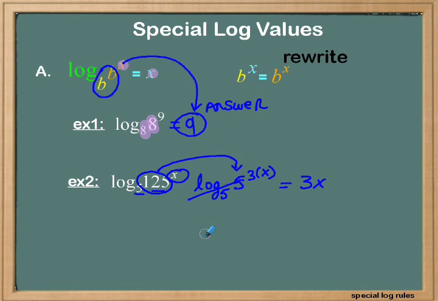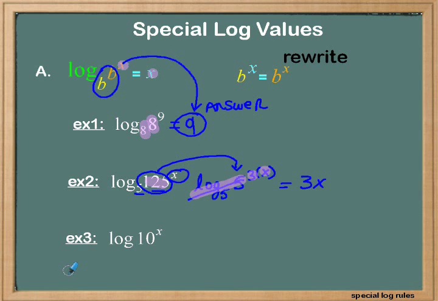So just to recap what happened there, I took this 125, I rewrote it as 5 to the third. The 125 was already to the x power, so when I incorporate this 3 with the x that was already there, I get 3x. The 5 of the base and the 5 of the log cancel, and I'm left with 3x.